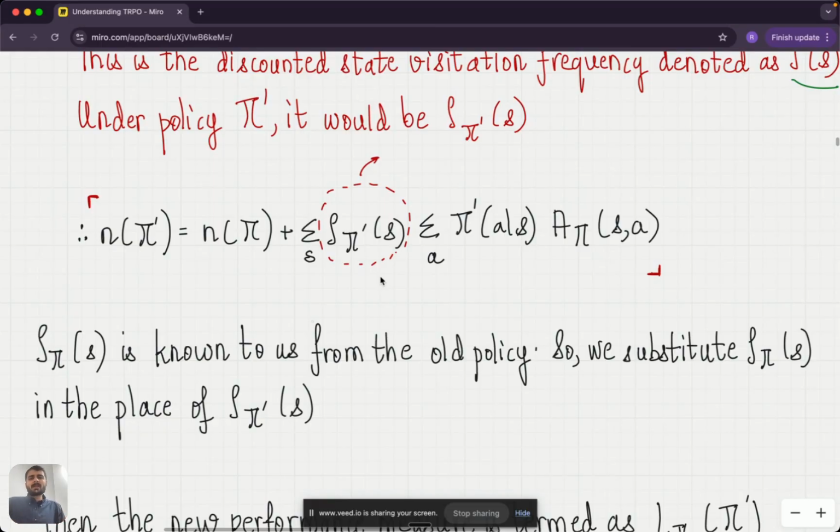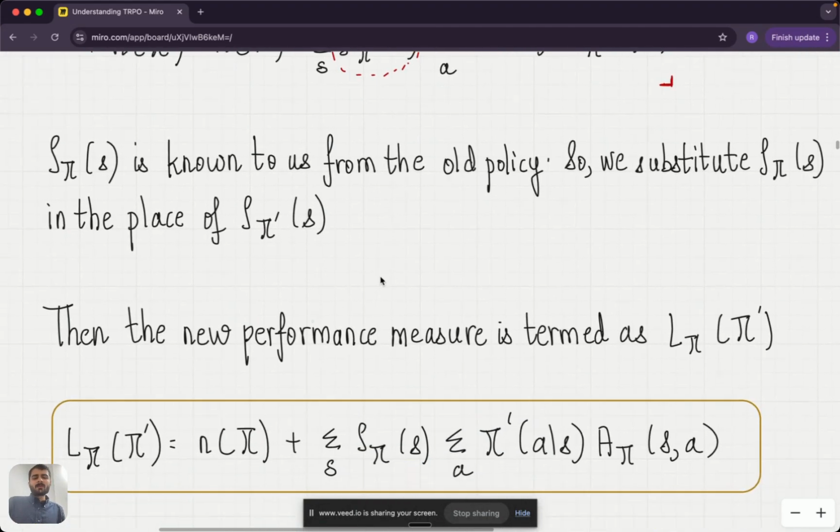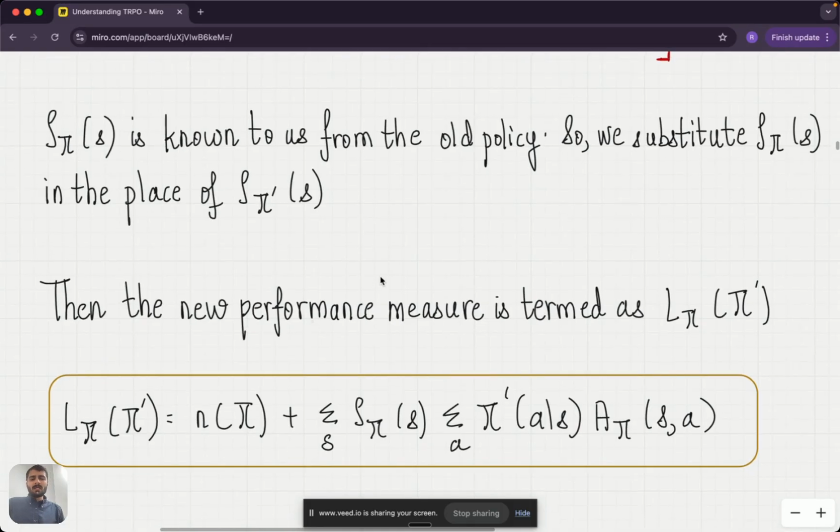The agent can take actions according to the new policy, that is fine, but the agent visits states according to the old policy only. And then the new performance measure is given by eta of pi plus sum over s of rho pi of s, which means that you are going to look at the states which the agent is visiting under the old policy.